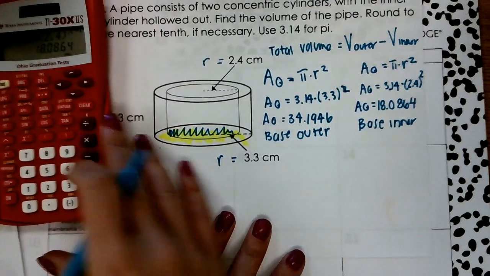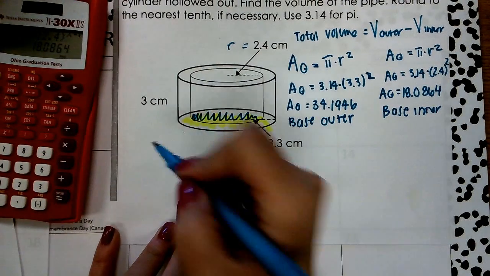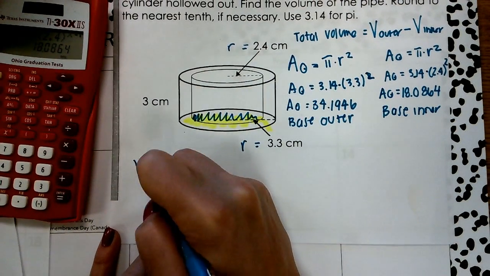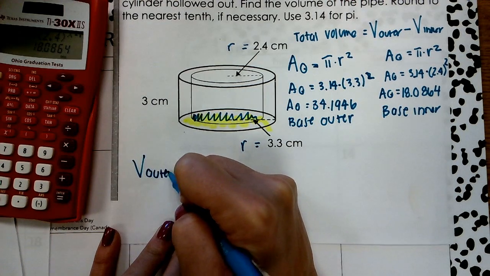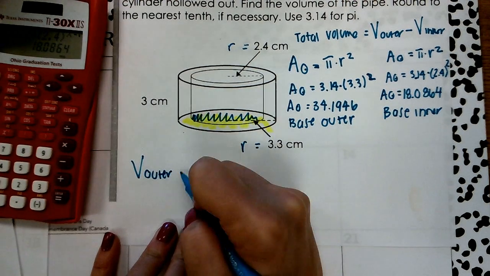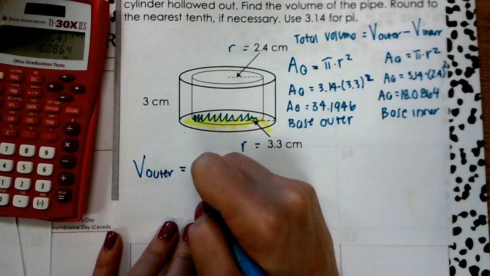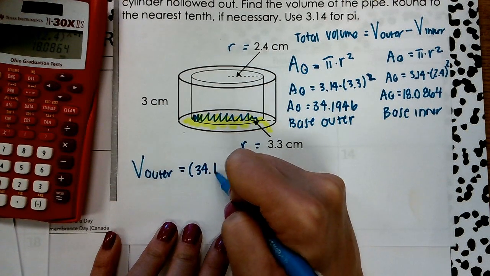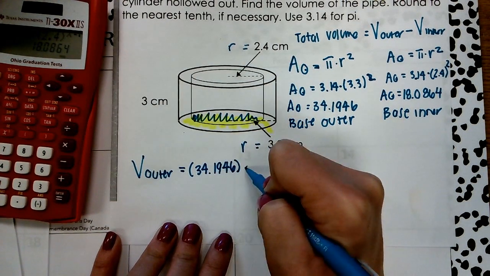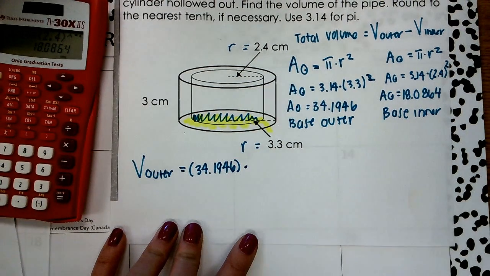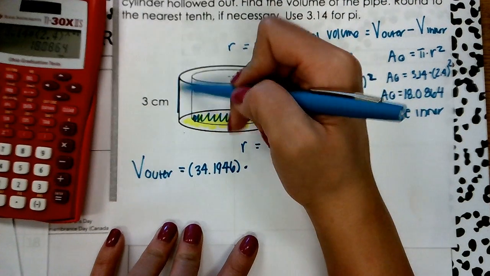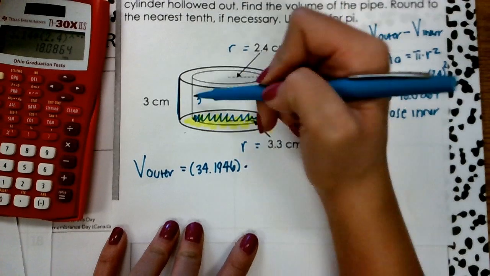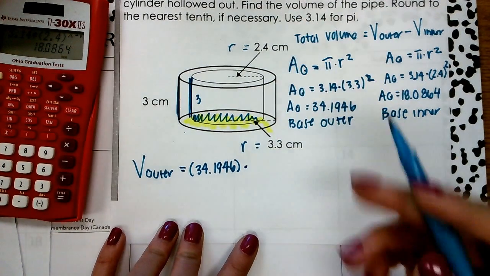Now we need to calculate our volume. So first I'm going to do it over here, the volume of the outer cylinder. That is equal to the area of the base, which we know is 34.1946, times the height, and if you look at our cylinders, the height for each is 3 centimeters. So these cylinders both have the same height.